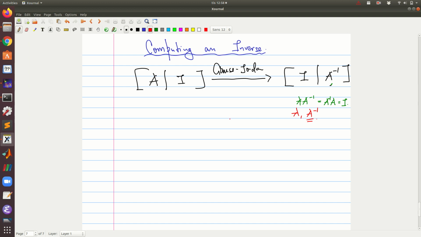So let us continue with an example here. Okay, and what do we have? Let us say that we have our matrix A, which is given by 1 1 1, and then we have 1 2 2, and then we have 1 2 3.